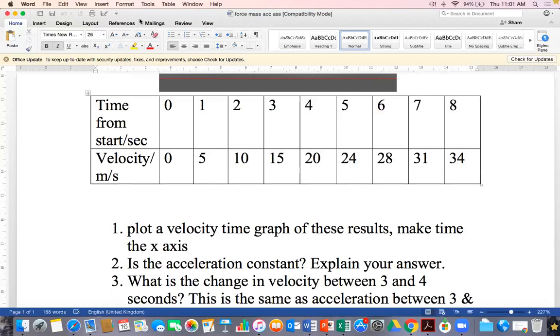So make the line curving. Yeah, a bit more curvy.